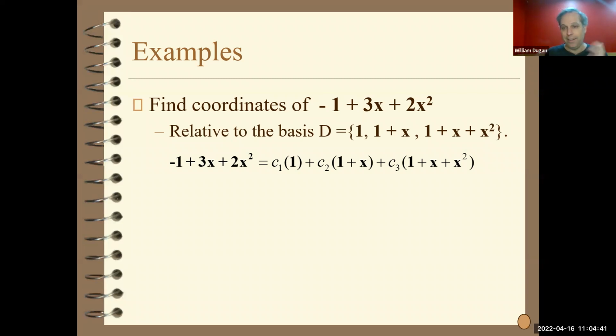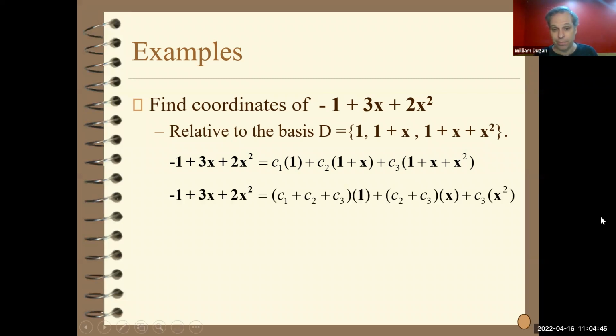Well, on the right-hand side, let's just add everything up. If you add everything up using like terms, you would get this. You'd have the scalar c1 plus c2 plus c3 times 1, you'd have c2 plus c3 times x, and you'd have c3 times x squared. Well, the only way that's true is if the corresponding scalars on both sides in front of the basis vectors 1, x, and x squared are the same.